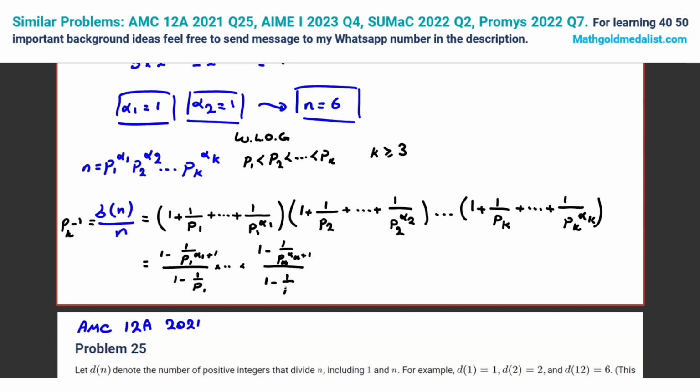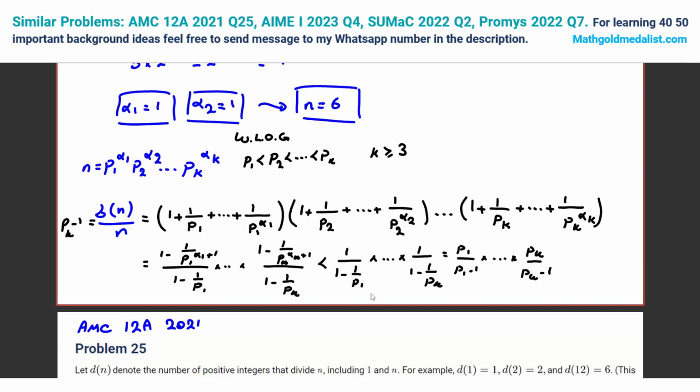The next one, 1 minus 1 over pk. It is less than 1 over this, 1 over 1 minus this, exactly like 2 primes. So it is equal to pk over p1 minus 1 up to pk minus 1.